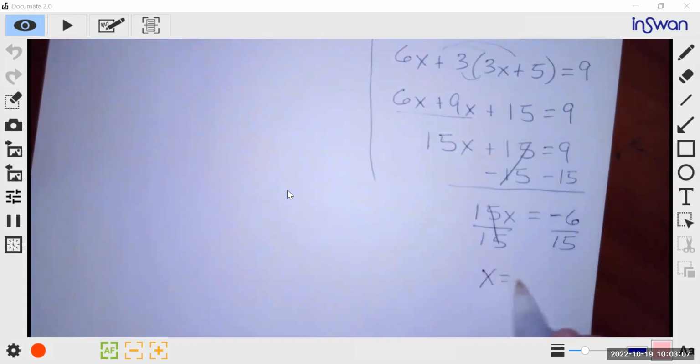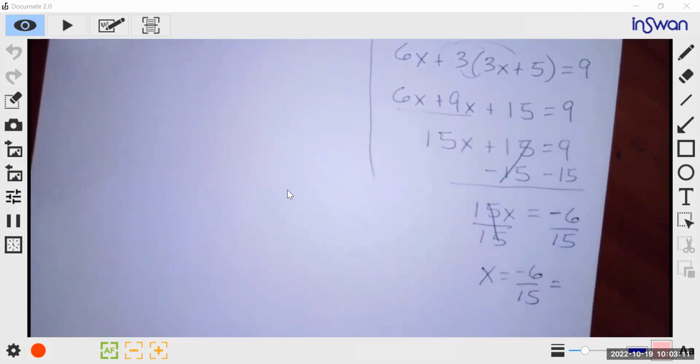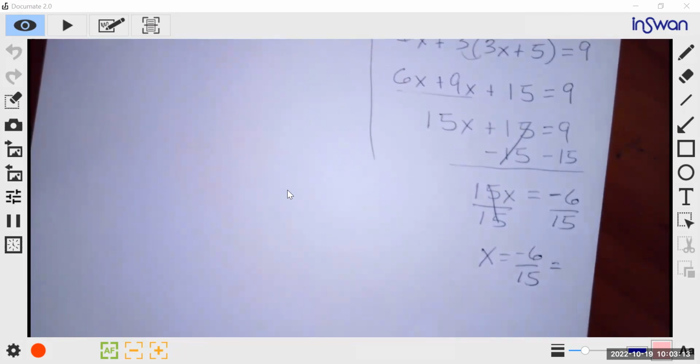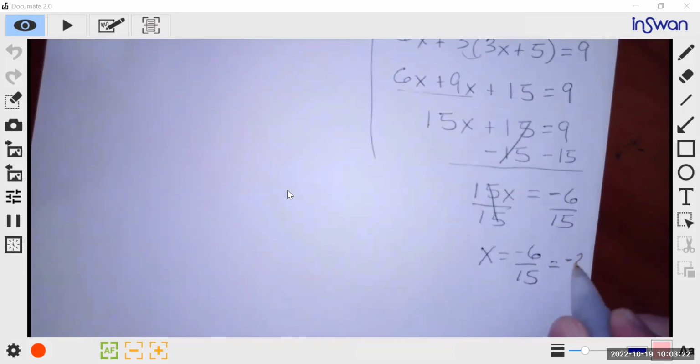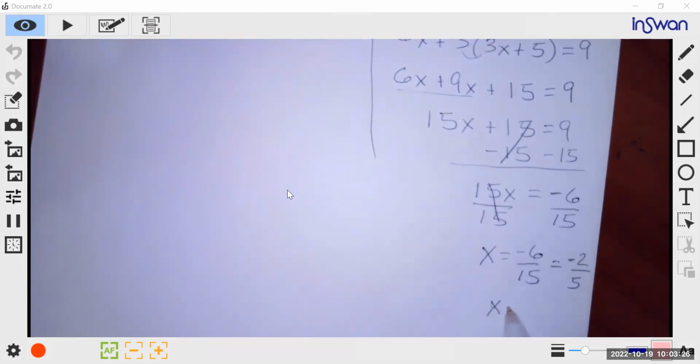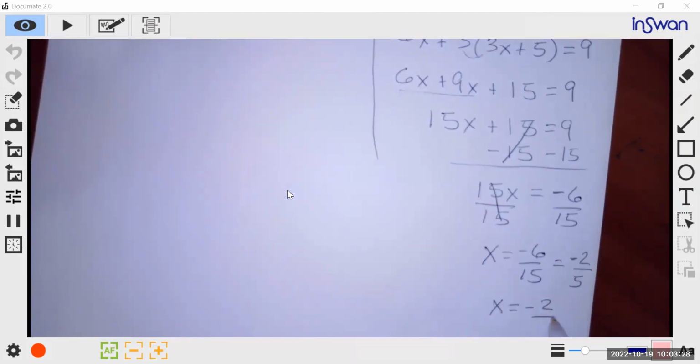X is equal to negative 6 over 15. Can it be simplified? Do 6 and 15 have anything in common? A 3. So 3 goes into 6 2 times, 3 goes into 15 5. So my x value is negative 2 over 5.